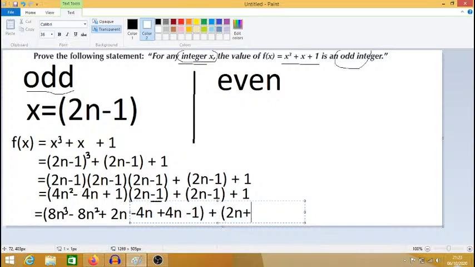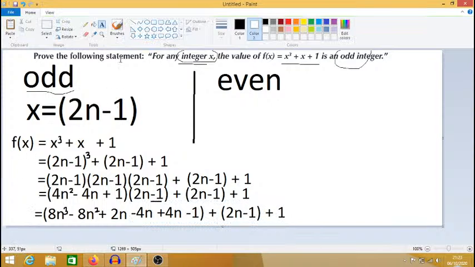I'll just write the rest of the equation. Go in and put some powers in. Okay, fantastic.